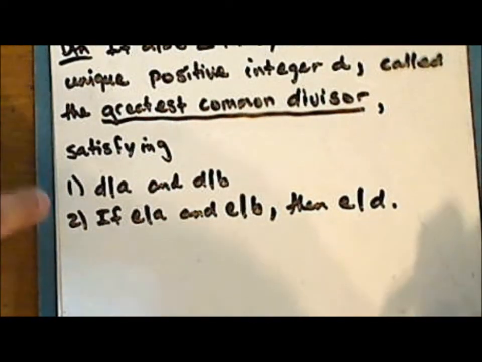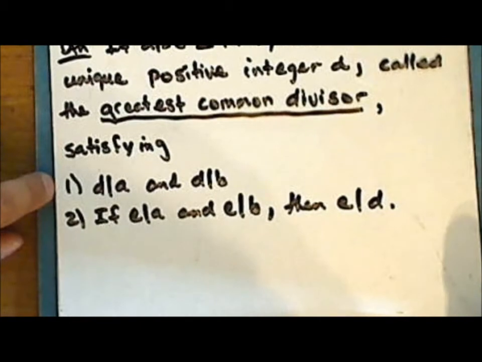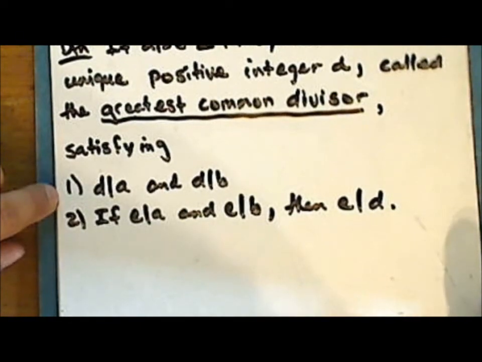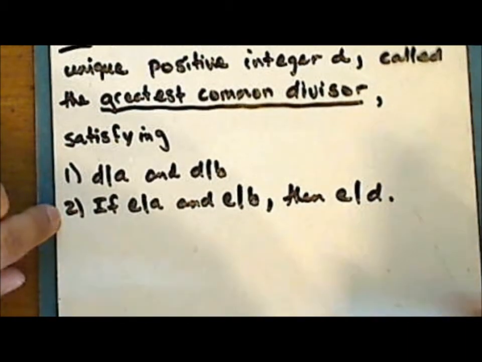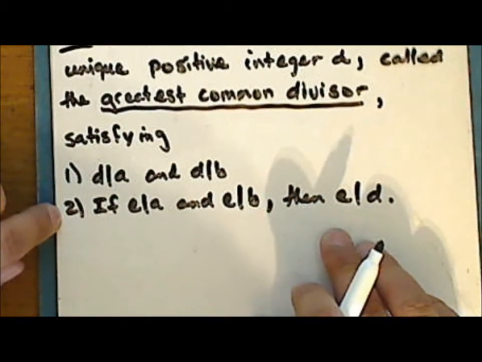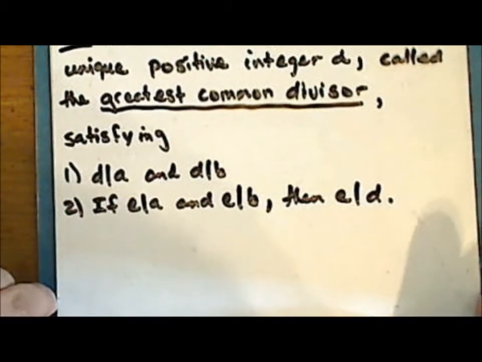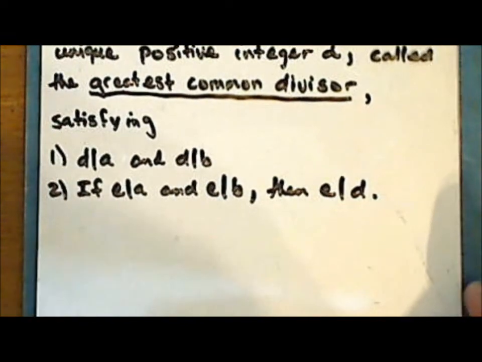So the first property says that the integer D is a common divisor of both A and B. And the second property says that it is the largest common divisor of A and B. So we call it the greatest common divisor.